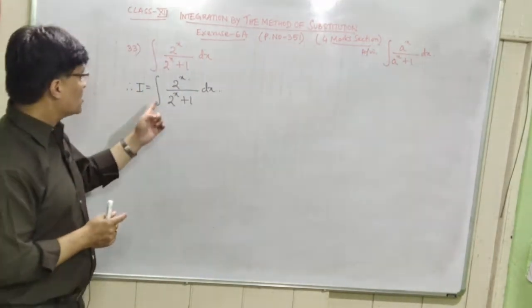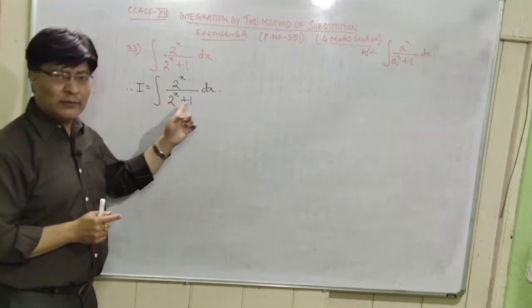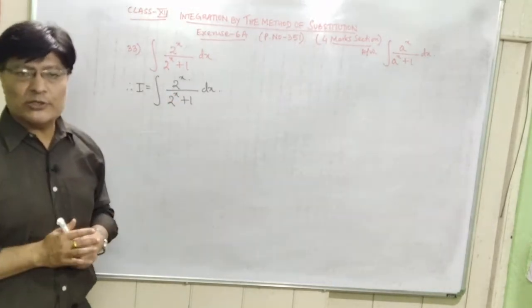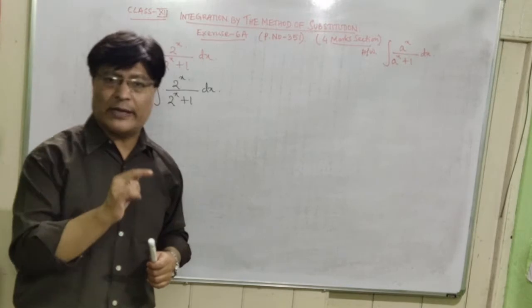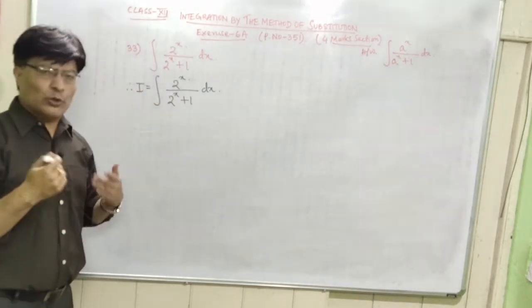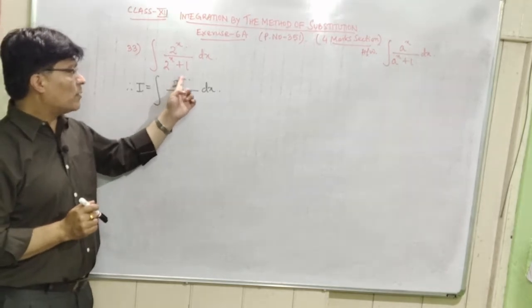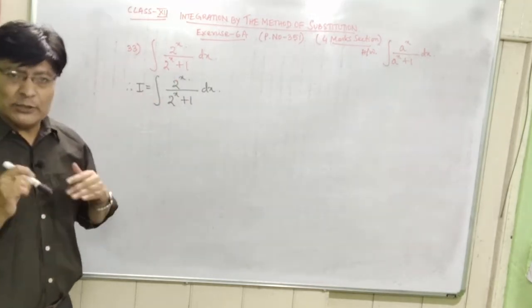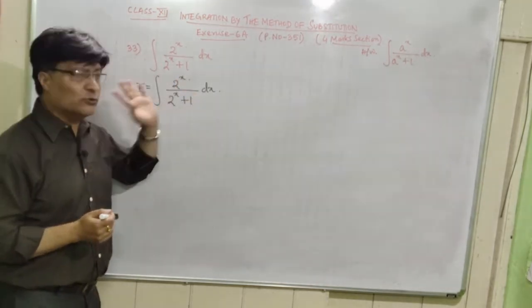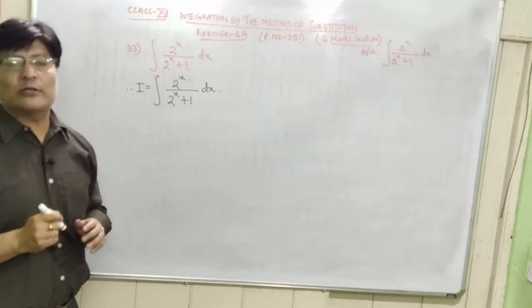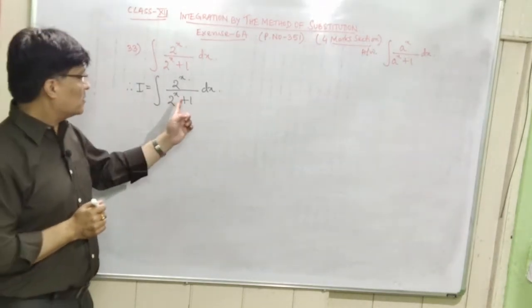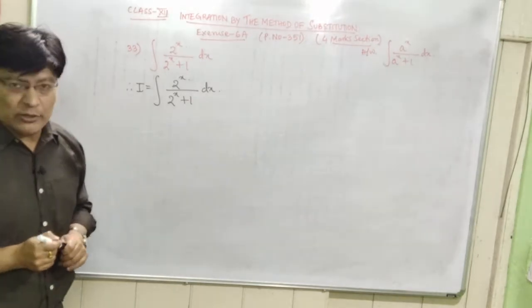So what is the differentiation of 2 to the power x plus 1? For 2 to the power x, differentiation with respect to x is 2 to the power x log 2 base e. So log 2 base e is constant, but we are getting 2 to the power x, isn't it? That is, 2 to the power x is in the numerator. That means you will get the value for 2 to the power x into dx.